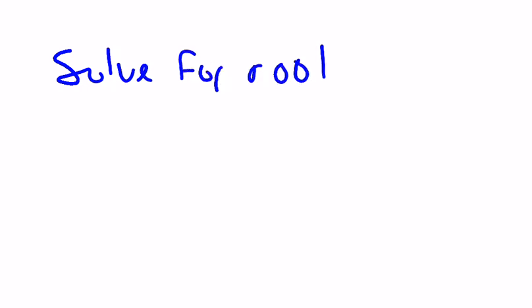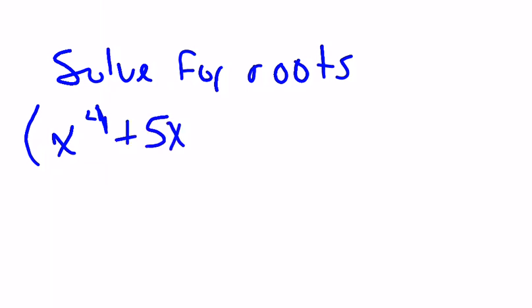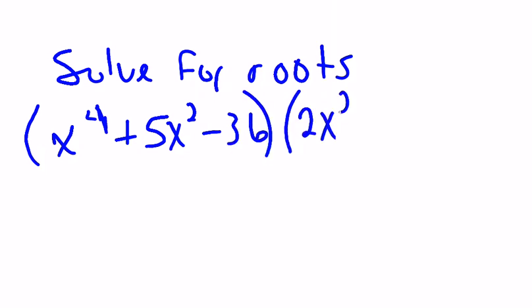Another example, they might say solve for the roots. So again, just using that new vocabulary. So example, x to the 4th plus 5x squared minus 36 times 2x squared plus 9x minus 5 equals 0.